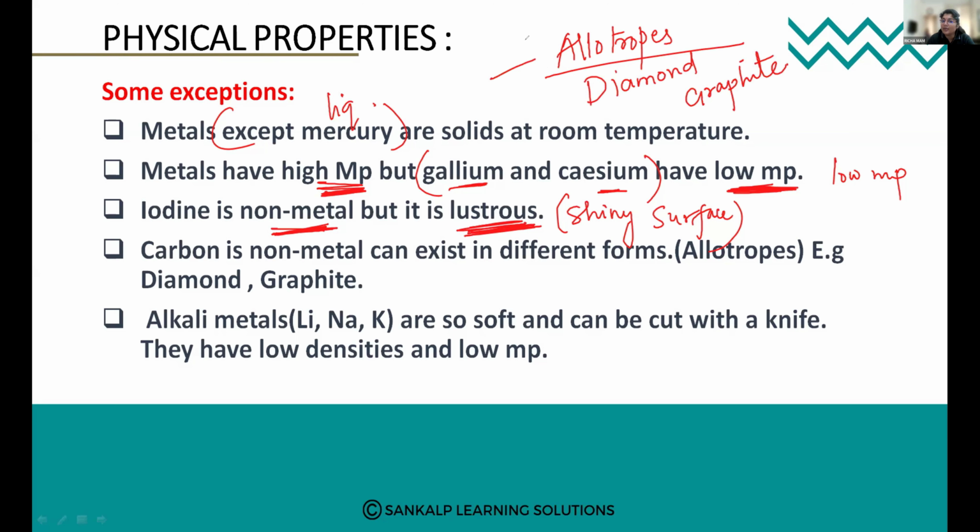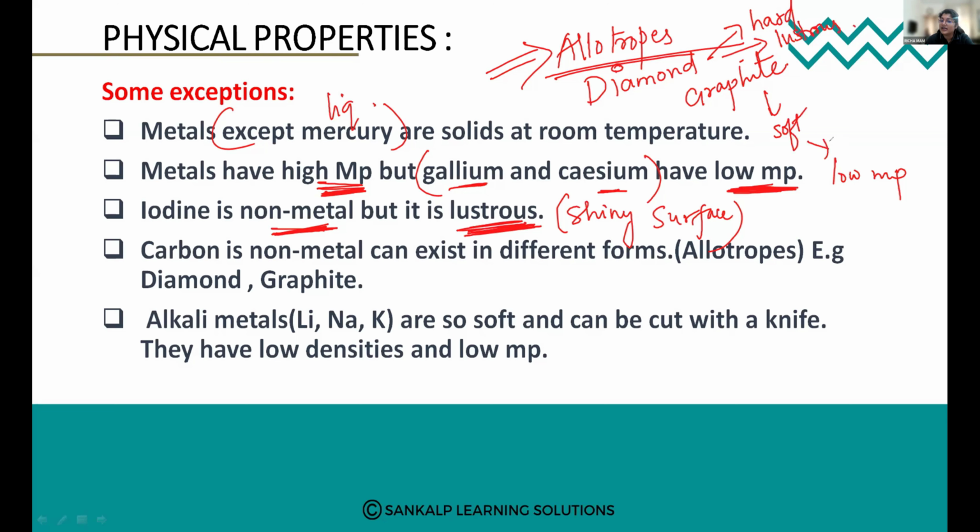In detail, we are going to discuss allotropes in the chapter on carbon and its compounds, so I will discuss it there. For now, I will just tell you that there are two allotropes of carbon, diamond and graphite. Diamond is hard, graphite is soft. Diamond is lustrous, it has a shiny surface.